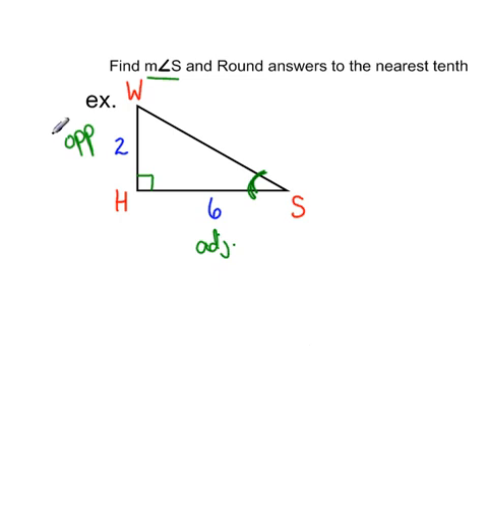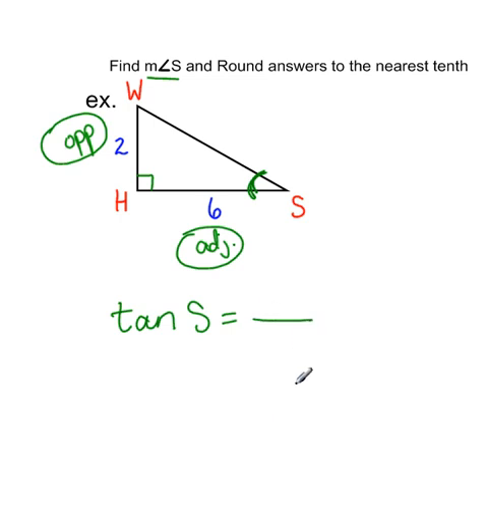What trig function uses these two vocabulary words? It is tangent. So we're looking at the tangent trig function for this one. So tangent S is, that formula goes, opposite over adjacent. What is our opposite length? It's 2. What is our adjacent length? 6. All right, let's go with it.